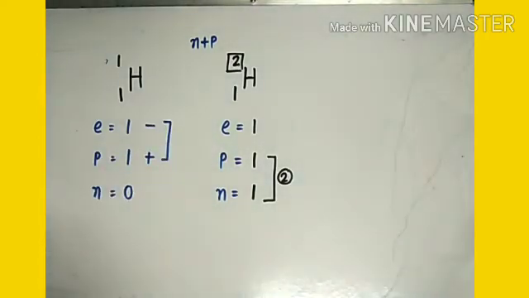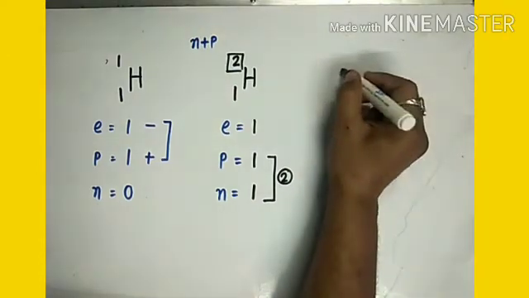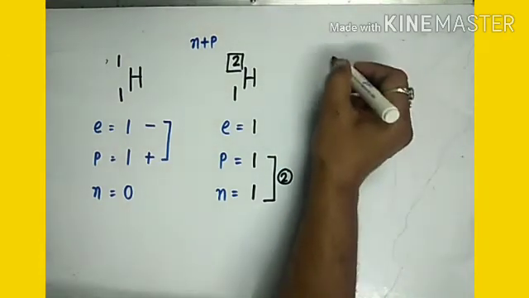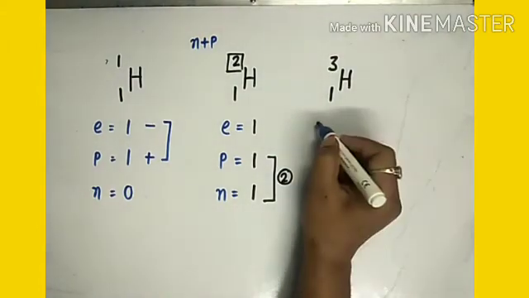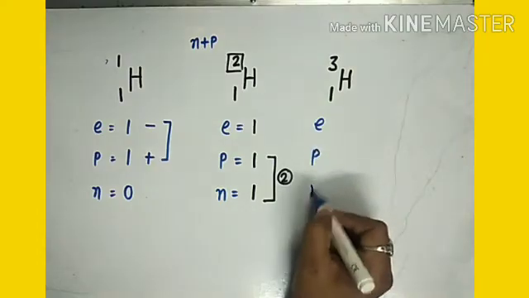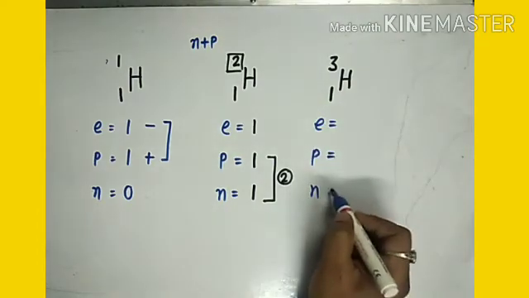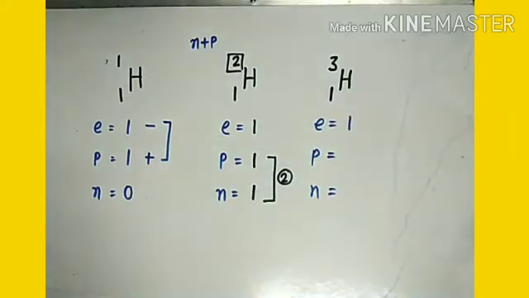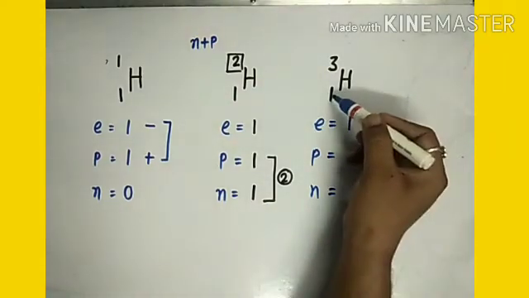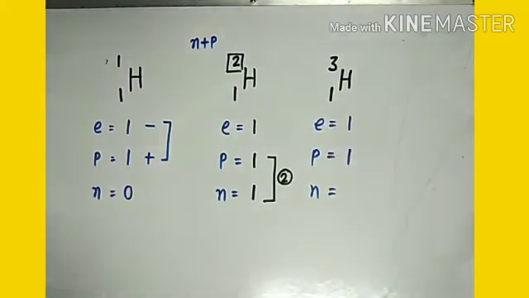Let's see one more example here. That is tritium, 1, 3. Here we can say number of electrons, protons and neutrons. Number of electrons is undoubtedly 1. Number of protons, no doubt, is also 1.